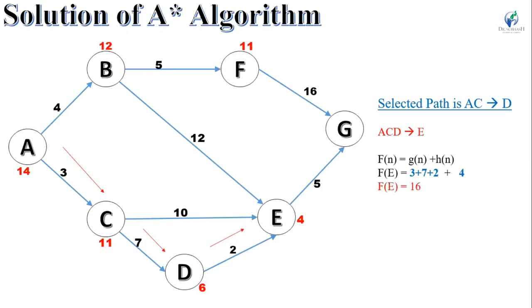This node or path has the cheapest value to reach our goal node G. So we continue this path.